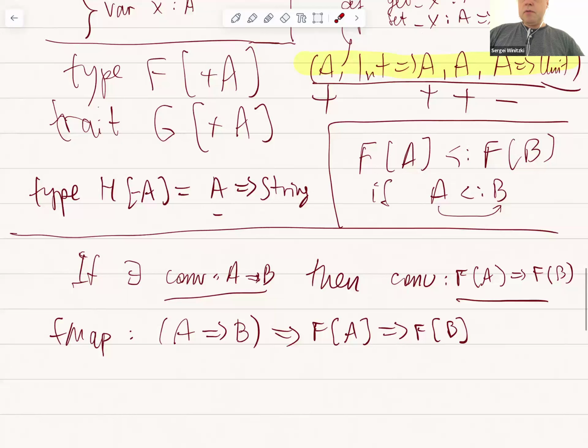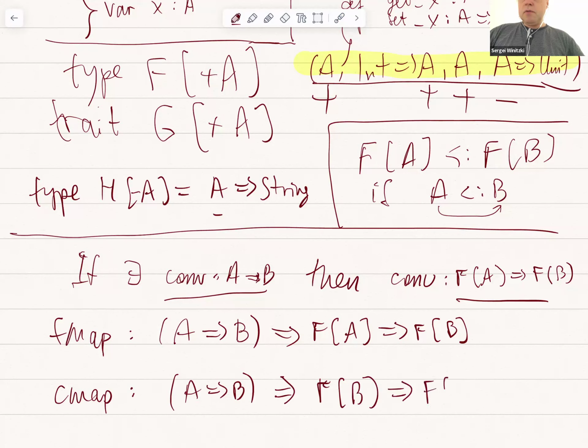The same similarly for contravariant, you use cmap, contramap, which is A to B, f of B to f of A in the opposite order. And that is the usual definition of contravariant subtyping.